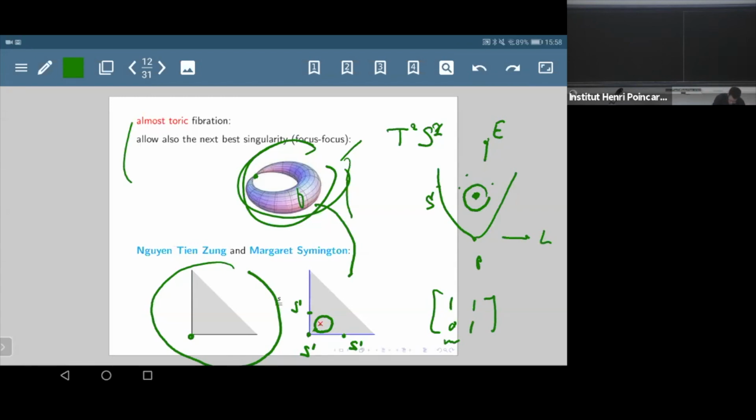When you take a nearby torus, it's the circle that would vanish when you identify with the pinched torus, and this one is the other direction. So this is not just a trivial fibration together with a bad fiber. There is monodromy, and this is very important for the sequel.